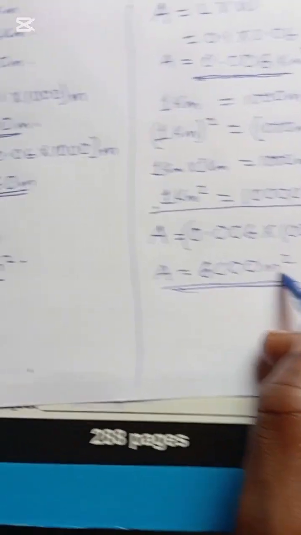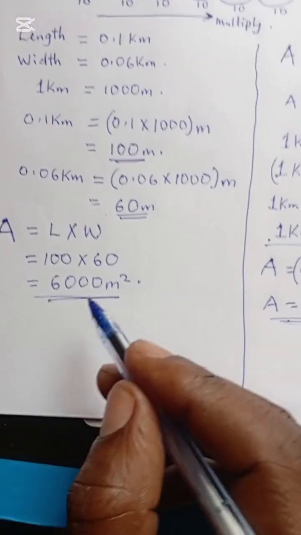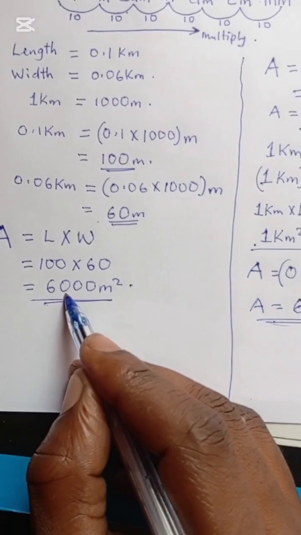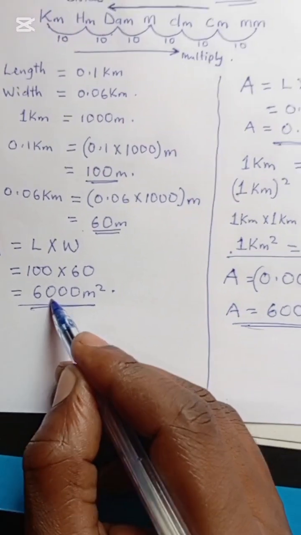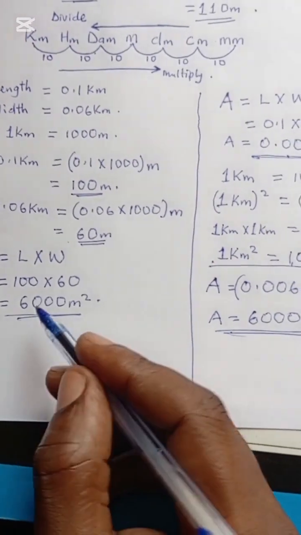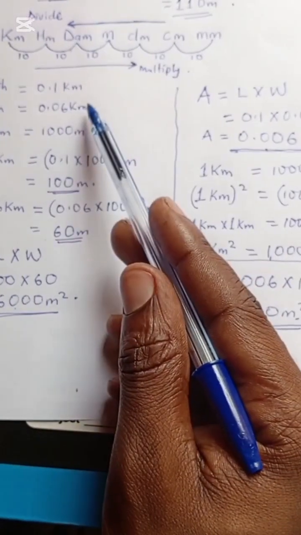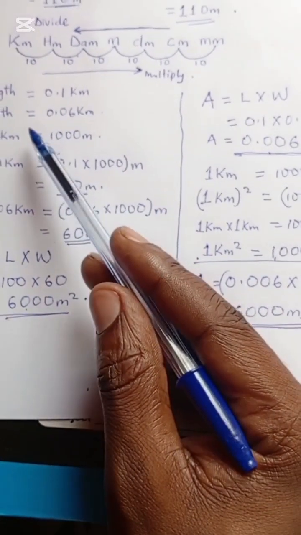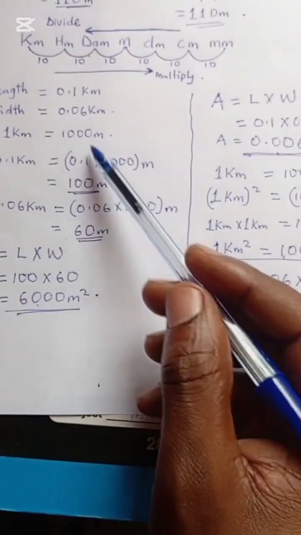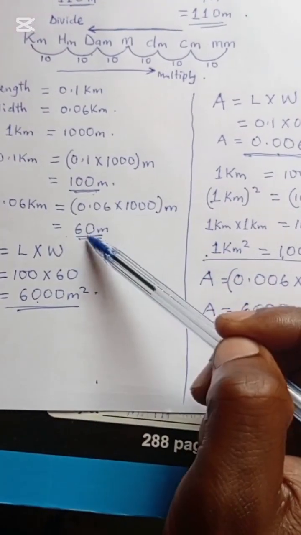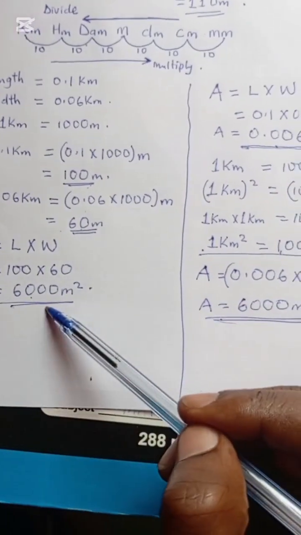This answer is the same as this answer. So you'd rather convert the units of the length to meters first, and also the width to meters. Then you multiply and you get the area in square meters.